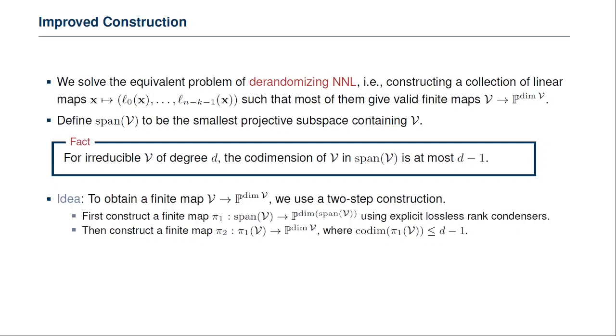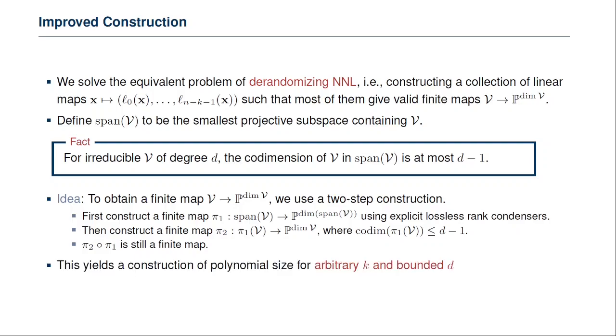And this can also be solved efficiently because the codimension of pi1 of V in the projective space is small. The codimension is bounded by d-1, and so we can use our dual construction on the previous slide to solve this problem. And we also need the fact that the composition of finite maps is also a finite map. So composing pi1 and pi2 gives the desired finite map.